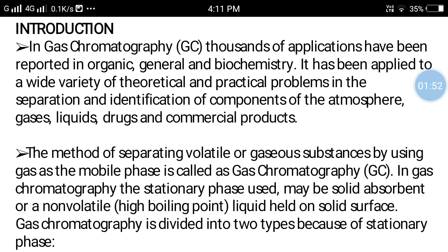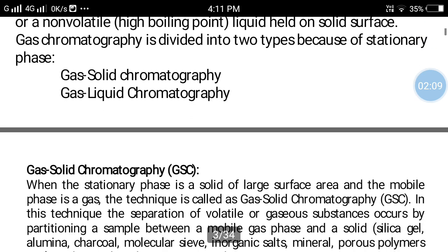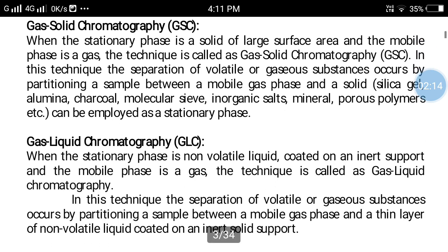In GC, the stationary phase used may be a solid adsorbent or a non-volatile, that is high boiling, liquid held on a solid surface. Therefore, it is mainly divided into two types: gas solid chromatography and gas liquid chromatography. In gas solid chromatography, the stationary phase is a solid having a large surface area while the mobile phase is a gas.